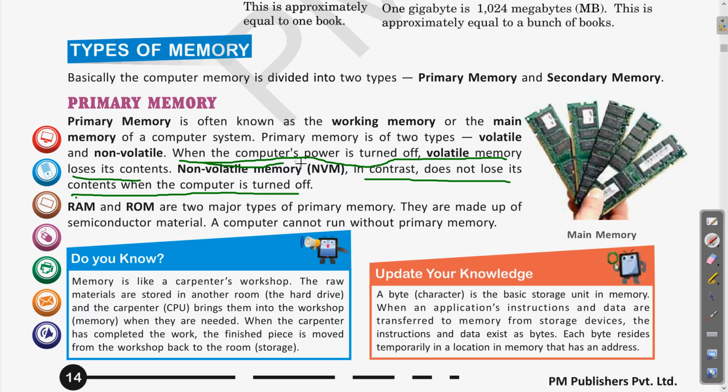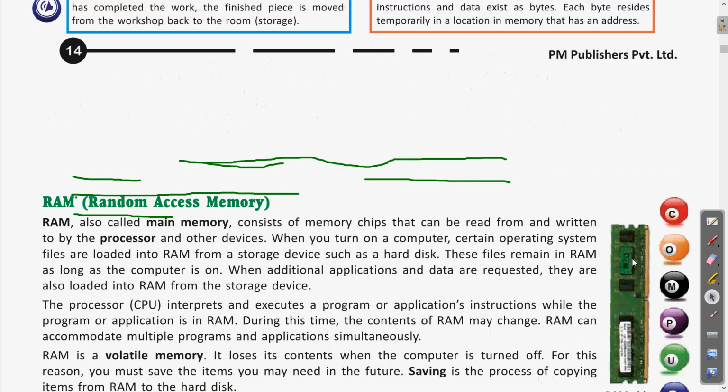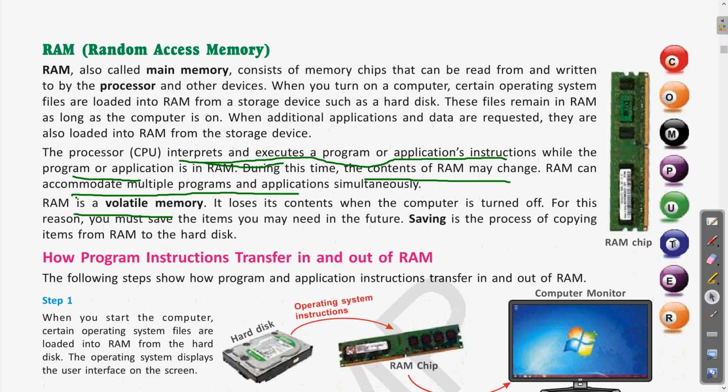Clear? So on the basis of volatile and non-volatile, we have the two types of primary memory, that is RAM and ROM. We have already seen the RAM and ROM types, and in them we have also seen the various subtypes. Let us move to the RAM.